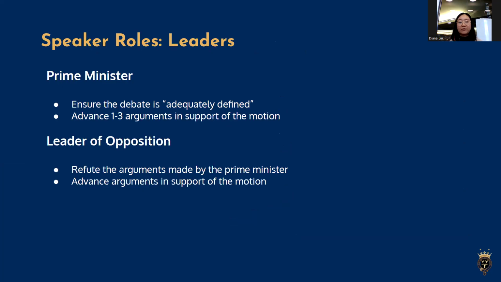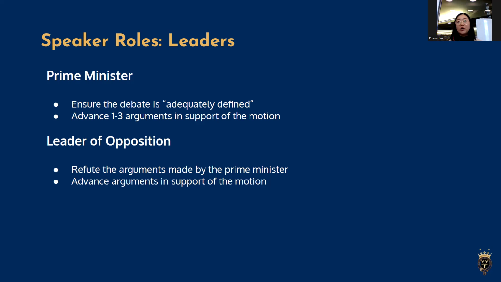Now we'll briefly cover the roles of the speakers, or what you should be doing during your speech. So for the first speakers of both the government and opposition benches, you should ensure that the debate is adequately defined, which means giving out definitions for particular words in the topic.